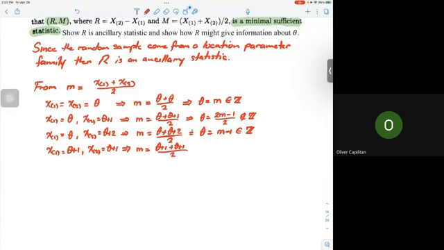So this implies that theta is equal to m minus 1. This is still an integer. Another case, yung x sub 1 is theta plus 1, yung x quantity 2 is theta plus 2. This would imply that m is equal to theta plus 1 plus theta plus 2 divided by 2.